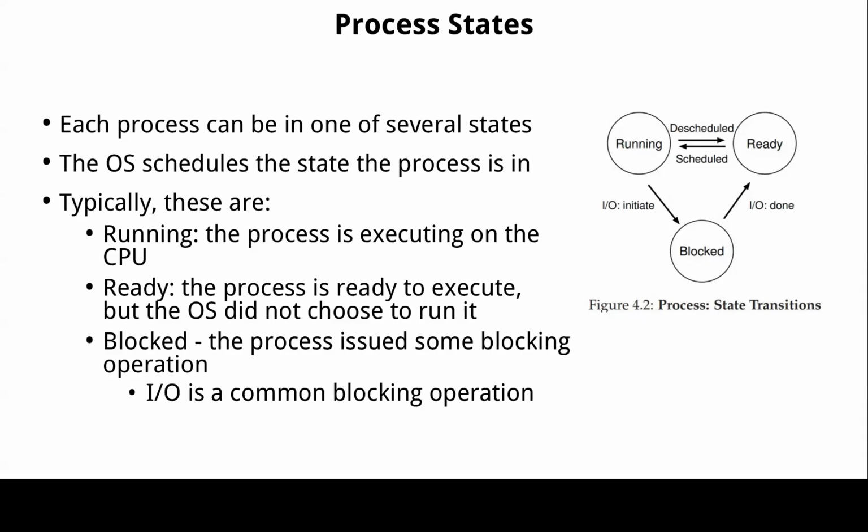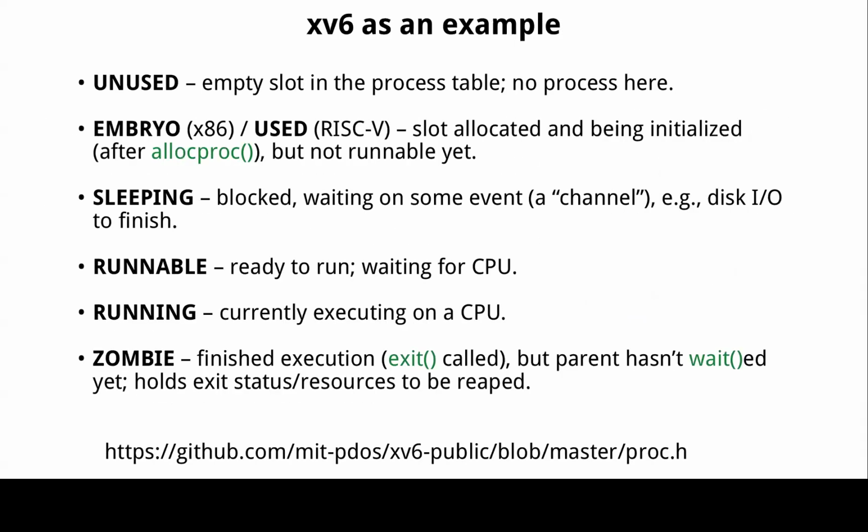Then that process may send out some data or wait for some data from the network, and enter the blocked state because it has no data to consume. When that data comes, the OS will make that process ready to be scheduled. Okay, so those are the three basic states we need to describe a process.